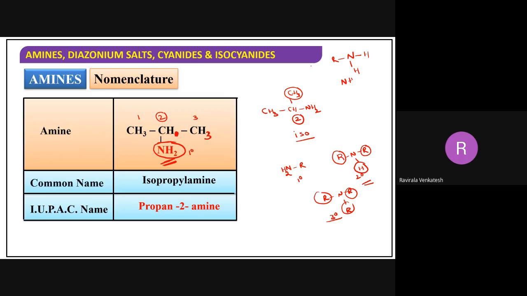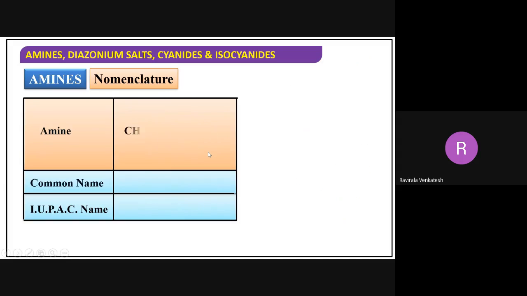So let us see this one, we'll get different types of nomenclature, in which all doubts will be clarified. Is this one primary, secondary or tertiary? Secondary. Why? Because nitrogen is bonded to 2 carbons here, and nitrogen has only a single hydrogen.